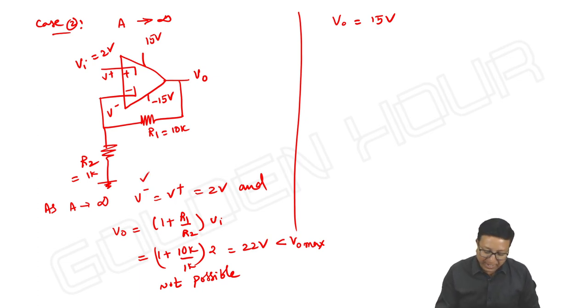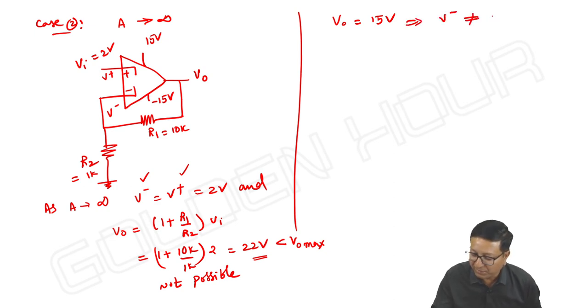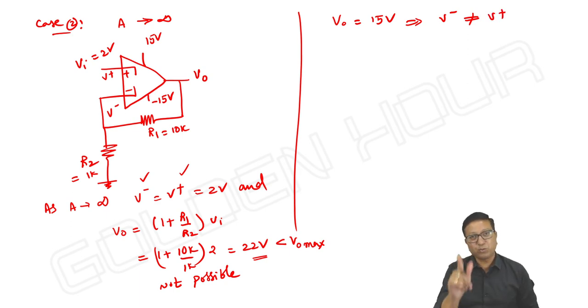If V minus is equal to V plus, then only output is equal to 22. As 22 is not possible, V minus equal to V plus is also not possible. Very simple. V plus is 2 volts, no doubt about it, but V minus cannot be 2 volts. It is something else.